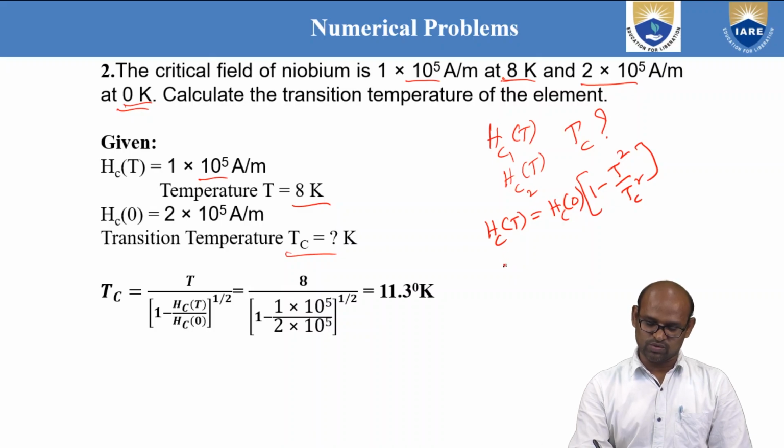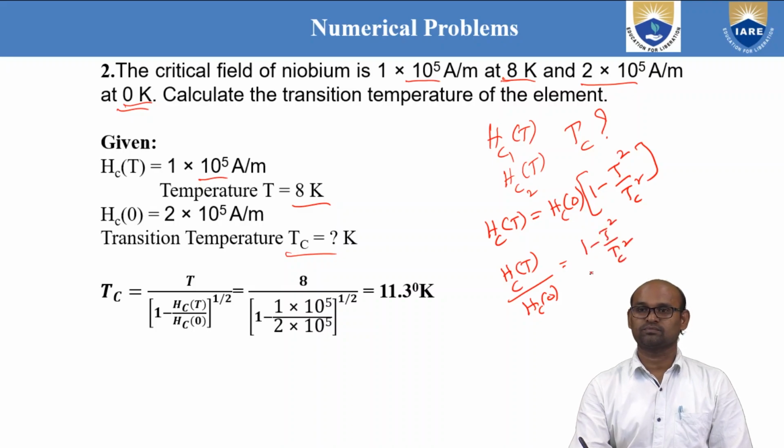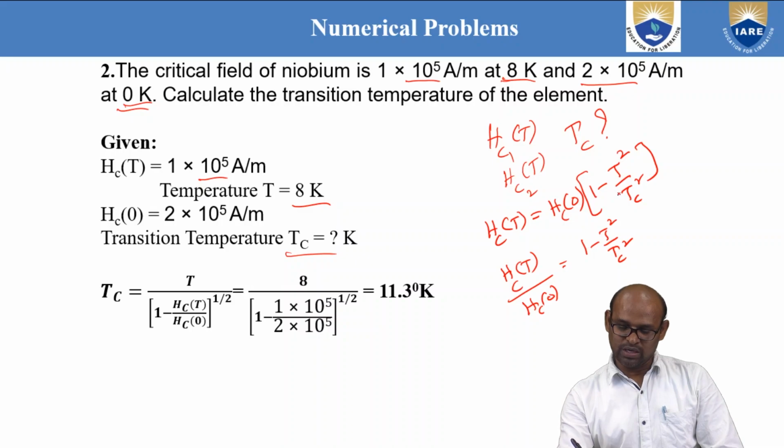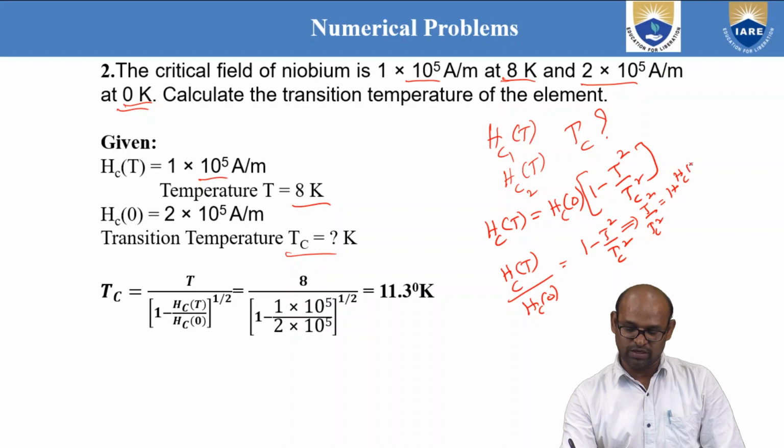We need Tc square. So first, Hc of T divided by Hc of 0 is equal to 1 minus T square by Tc square. So from this equation we need Tc.